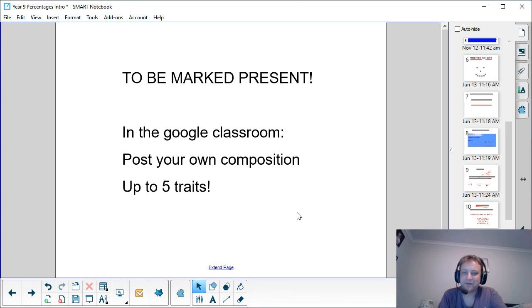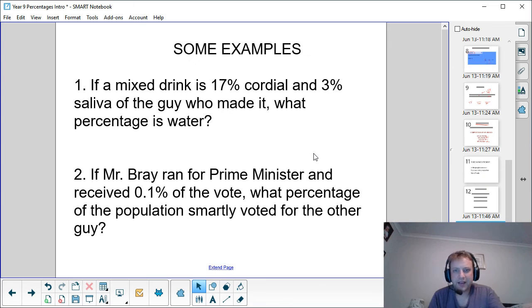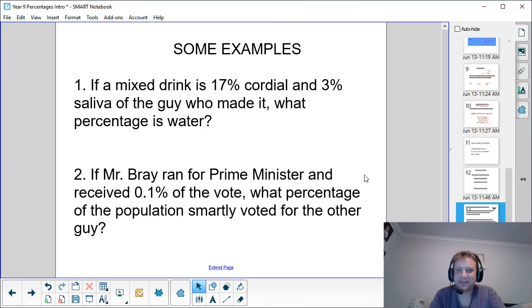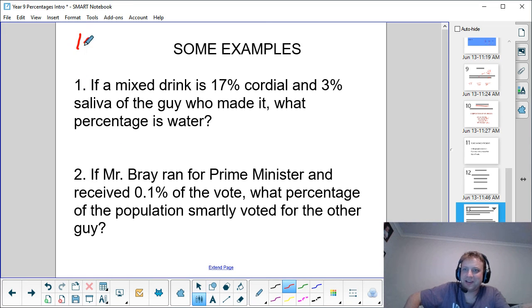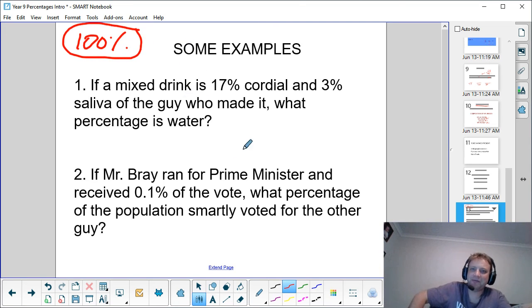All right, so your first activity before you get to your classwork will be to just choose 5 attributes that make you and make them add up to 100%. And then the actual questions you'll be answering today aren't too tricky, because we know that everything adds up to 100%. This is all just testing your understanding of the fact that a whole is 100%, and then we can work with that fact.